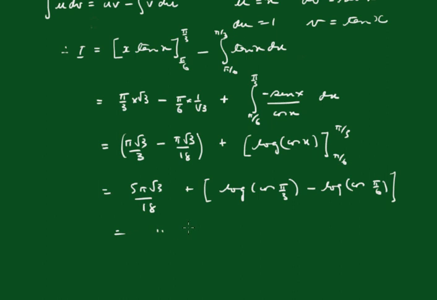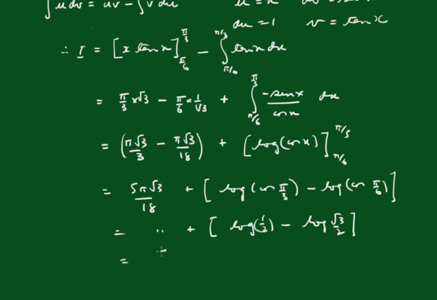which equals, now the cos of pi upon 3 is a half, so that's a log of a half, minus a log of, and the cos of pi upon 6 is root 3 on 2, so that's a log of root 3 over 2.